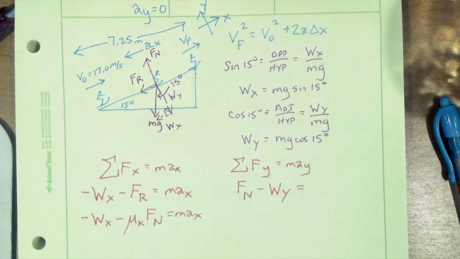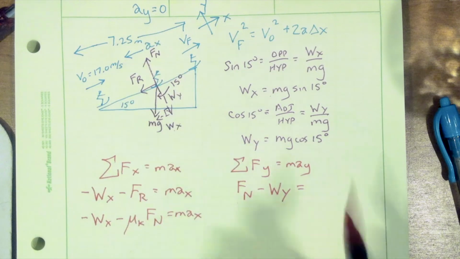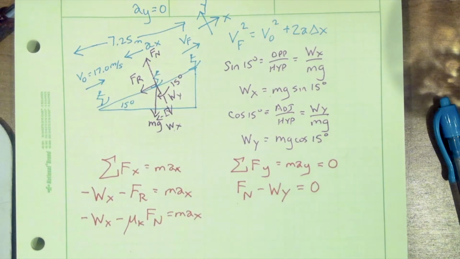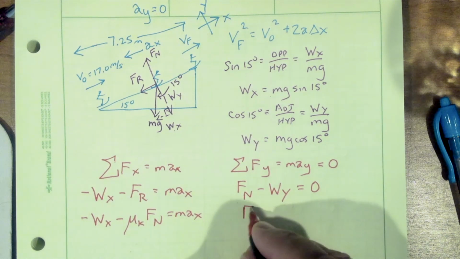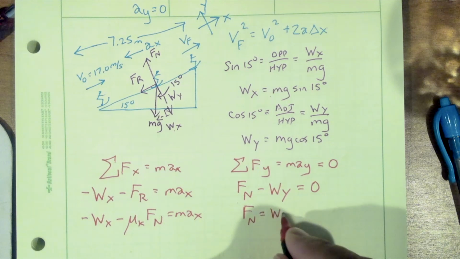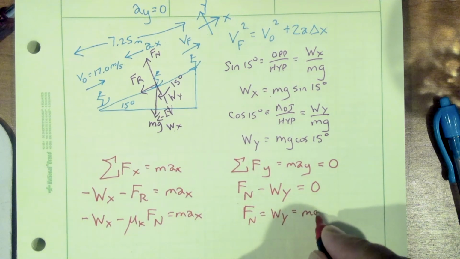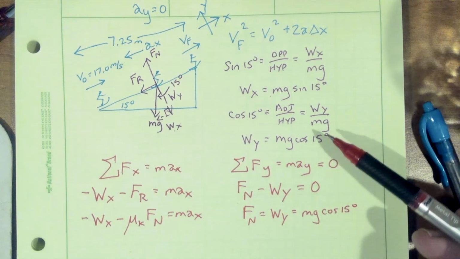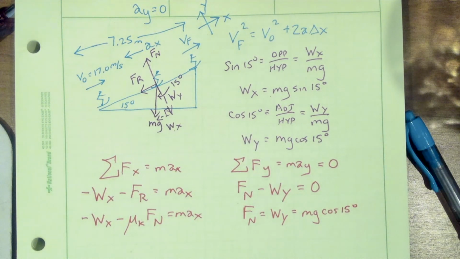Now, the acceleration in the y direction is 0. So the sum of the forces in the y direction is 0. And this can only be true if Fn equals Wy, which, as we can see up here, is mg cosine 15. So now we have a formula for the normal force that we can plug in to here.